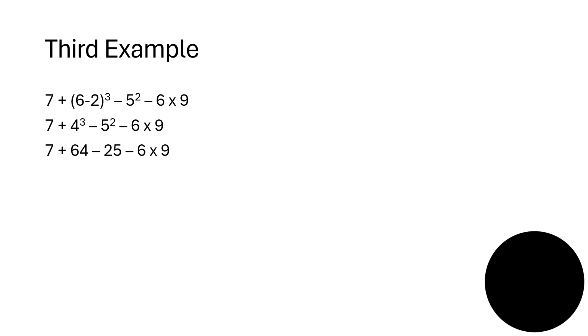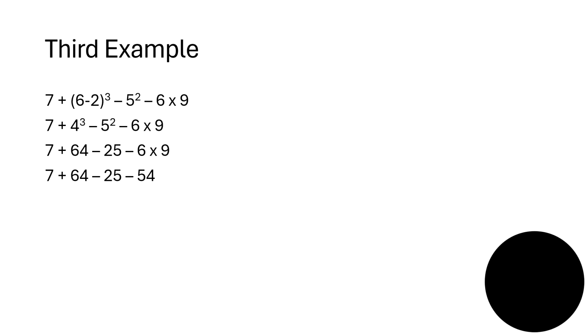So it is 7 plus 64 minus 25 minus 6 times 9. So we took care of the exponent precedence. Now we take care of the multiply and divide precedence. So now we have 7 plus 64 minus 25 minus 6 times 9, which is 54.